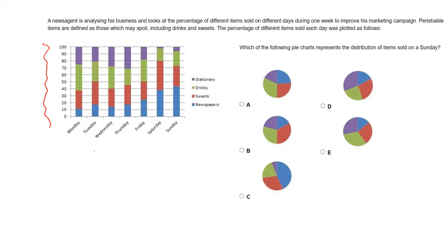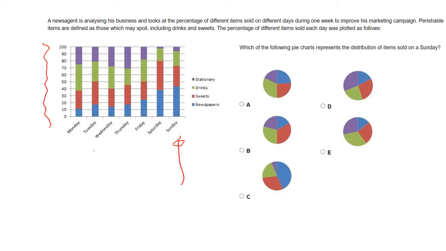Okay, so let's look at the first question, and it says, which of the following pie charts represents the distribution of items sold on a Sunday? So this is Sunday. That means we only need to look at that bar. And you can see that the biggest thing sold is the newspapers, and that's something over 40%.